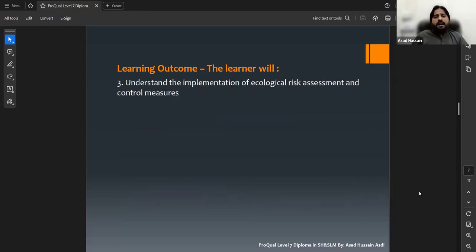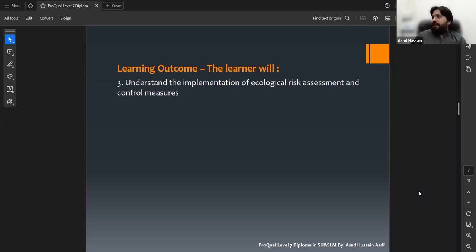Now we are having learning outcome 3. The learner will be able to understand the implementation of ecological risk assessment and control measures.